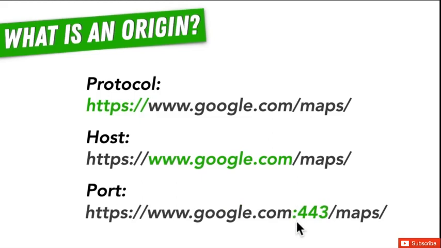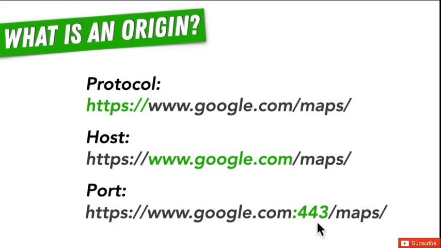And this would look something like :443, which is the port that your browser assumes when you're using the secure HTTP protocol. Whenever one of these three things changes, we are no longer on the same origin.